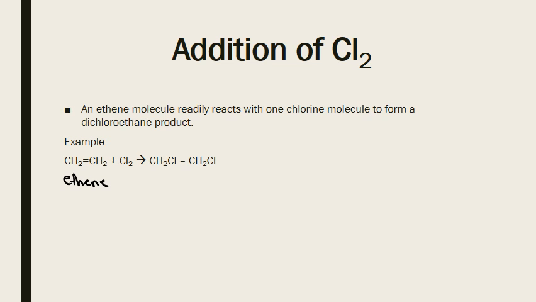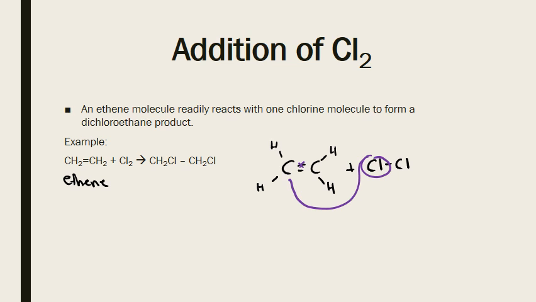Draw this out for you again. So we've got CH2 double bond CH2, plus Cl2, and what will happen is this bond will break, one chlorine atom will come attach itself to this carbon, and this chlorine atom will attach itself to this carbon.